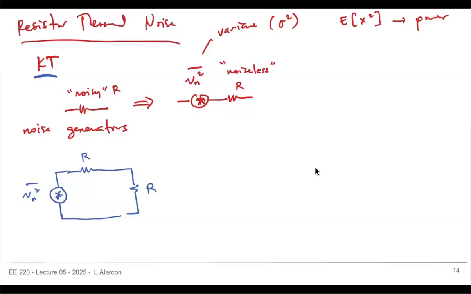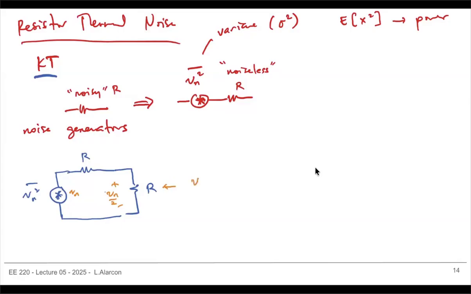So what's the power I can transfer to the resistor R? Just for circuit analysis, let's say this is Vn. If I have the same resistor, this is going to be Vn over 2, right? And the power I deliver to the resistor is going to be what?